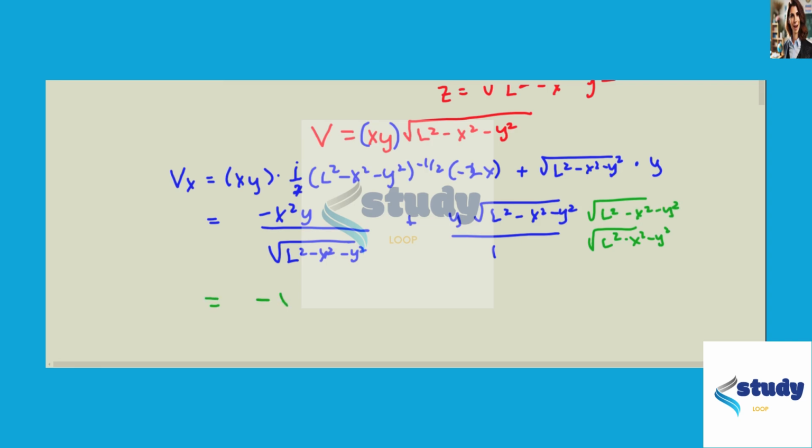So I get minus x squared y plus y times L squared minus x squared minus y squared, all over the square root.